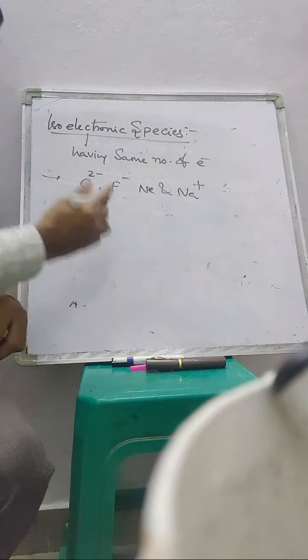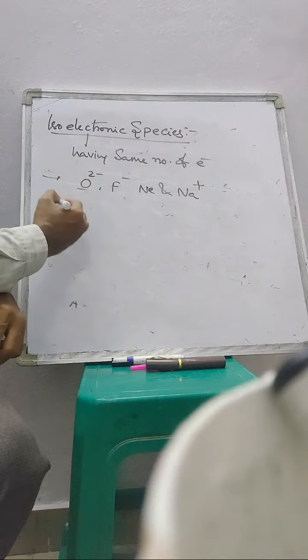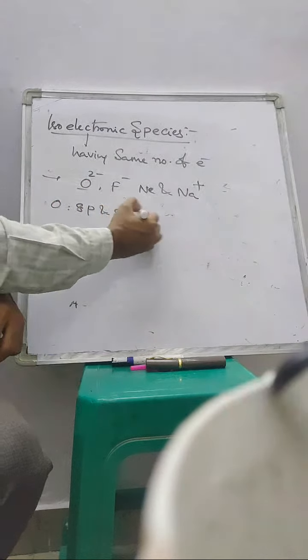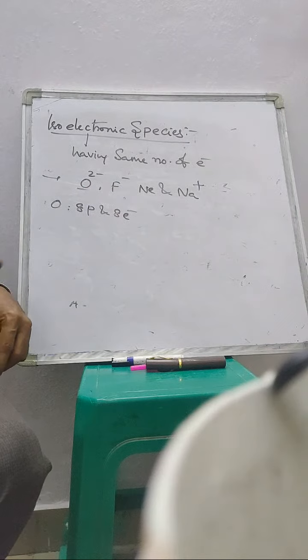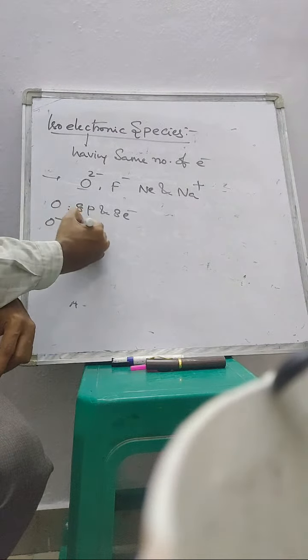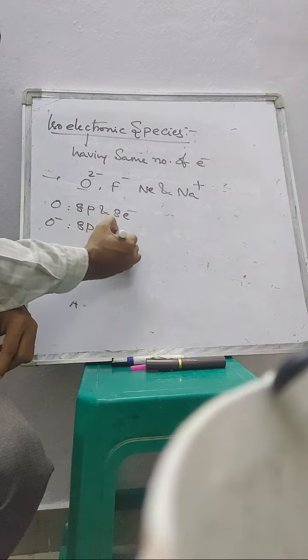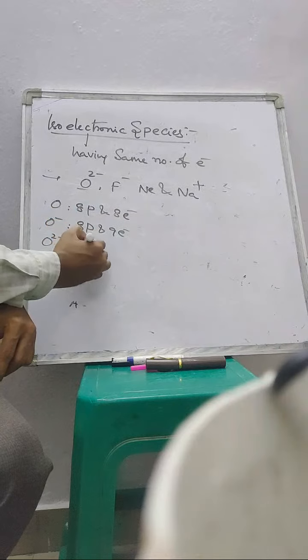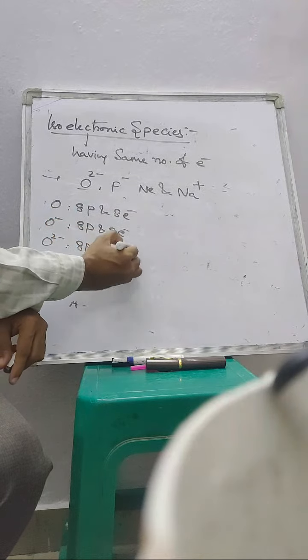If you observe, oxygen has 8 protons and 8 electrons. O minus, how is it formed? By gaining of 1 electron. That's why O minus has 8 protons and 9 electrons. O2 minus means it has 8 protons and 10 electrons.